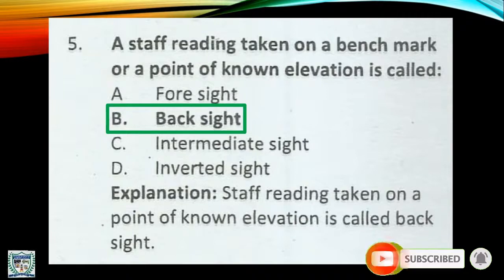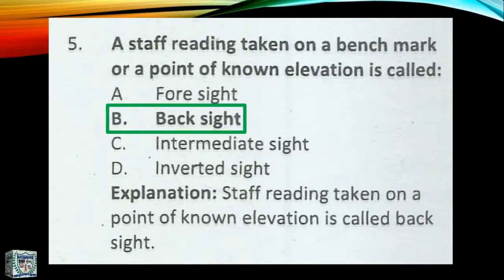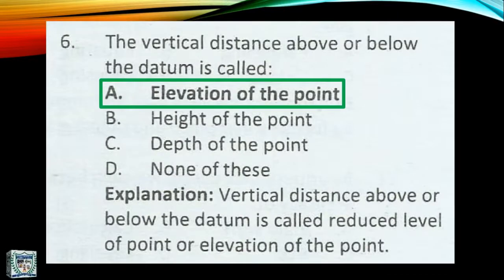Question 5. A staff reading taken on a benchmark or a point of known elevation is called option B, backsight. Question 6. The vertical distance above or below the datum is called option A, elevation of the point.